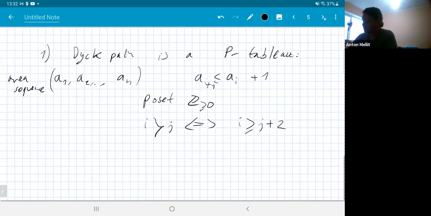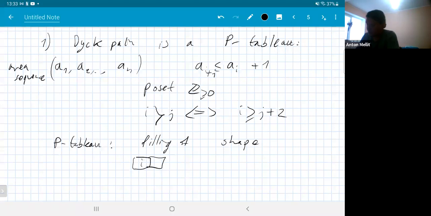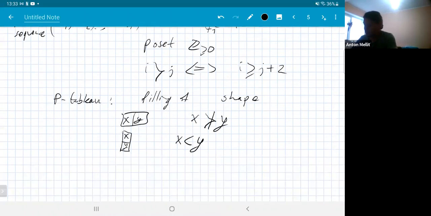And then you consider what a P-tableau is. It is a filling of some shape such that if you have, let's say, x and y, then x must be not greater than y. And if x and y are like this, then x must be less than y with respect to the poset. So this condition is a comparison using the poset relation.